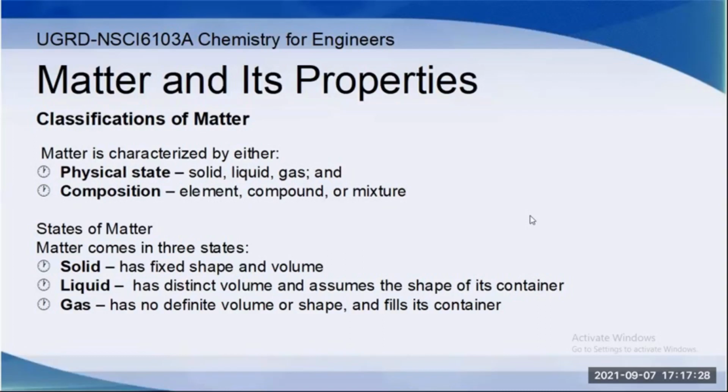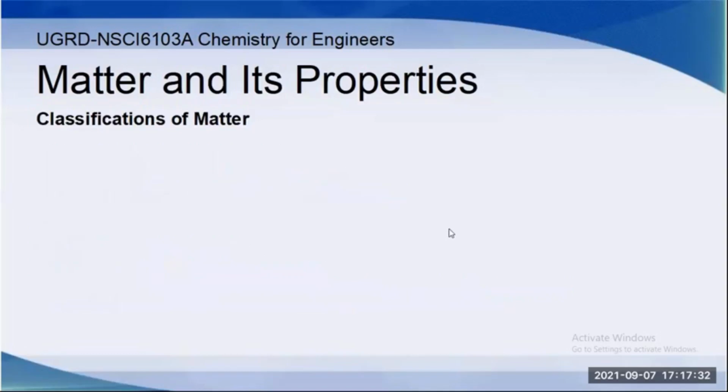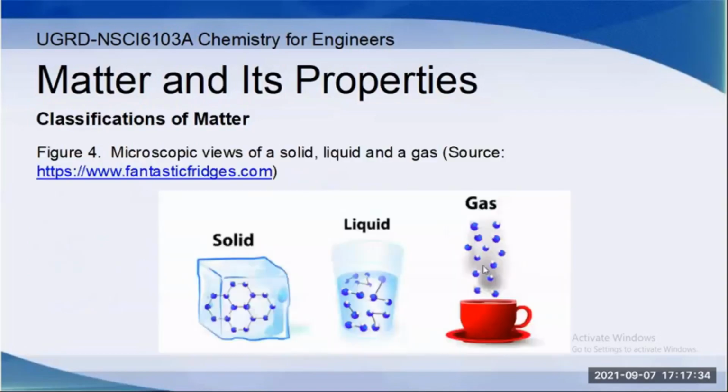Gas, no definite shape, no definite volume. So we have here a visual presentation. Solid, again, definite shape, definite volume. Liquid, definite volume, not definite shape. Gas, not definite shape, not definite volume.